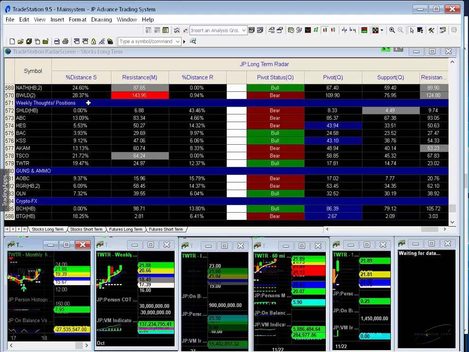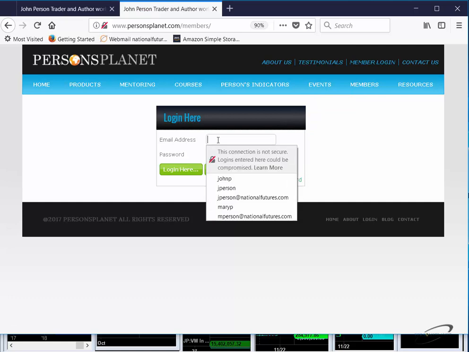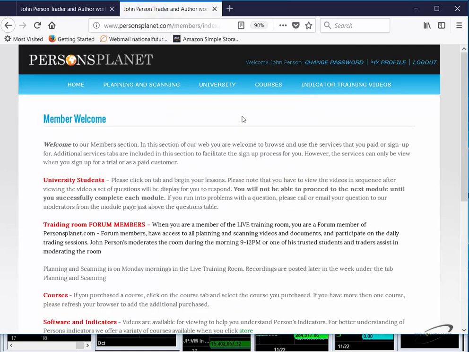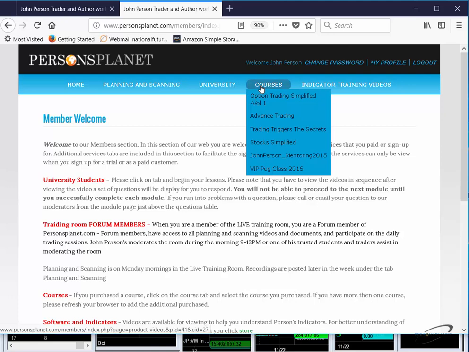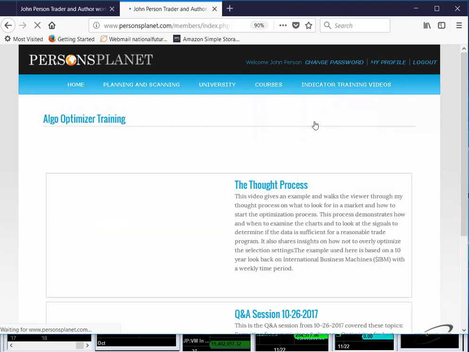Here's one of the things that I would also point out for you guys, that it's an incredible benefit. Over here on the website, under member login, let's go over here and I'll just type in my email and the password pops up automatically, and we're going to go to courses, and the first thing we're going to do is indicator training videos, Algo Optimizer right there.